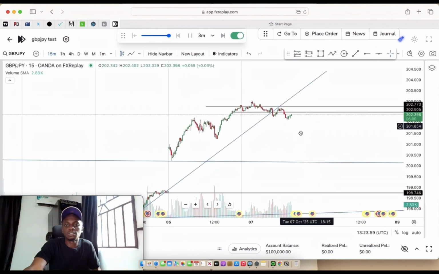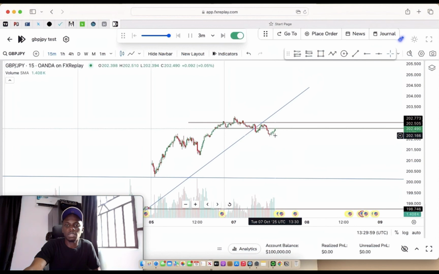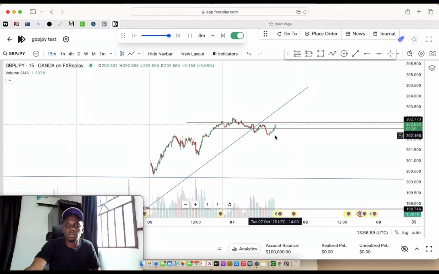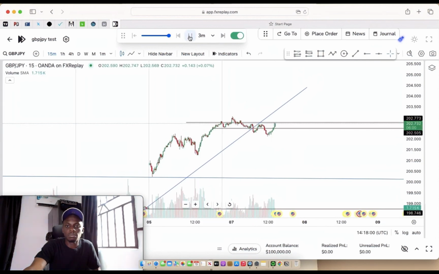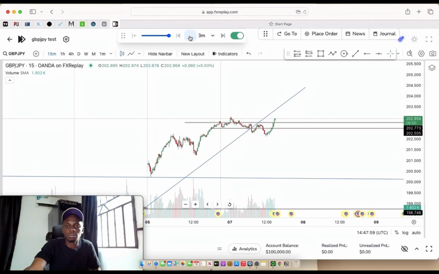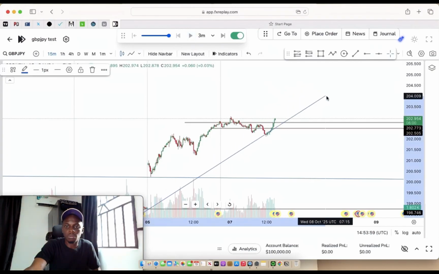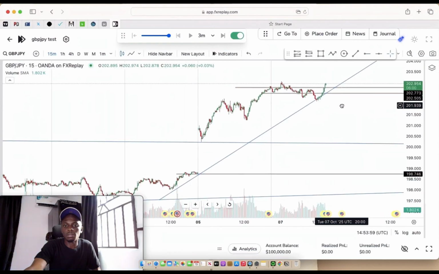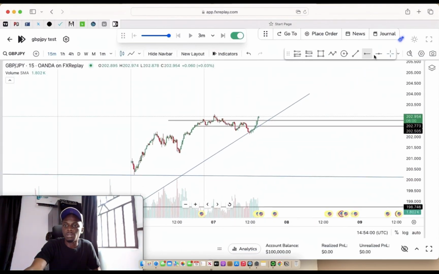Short entry. Maybe we need to get easy. Nice pattern. One, two, three. Let's see if we have a key level close to us.